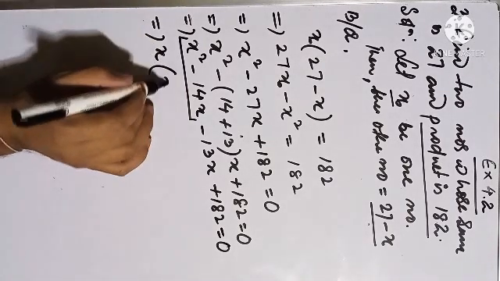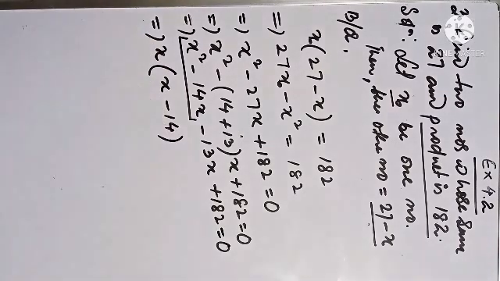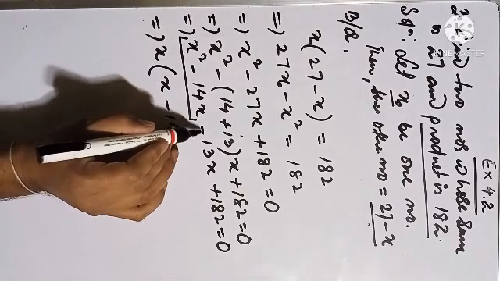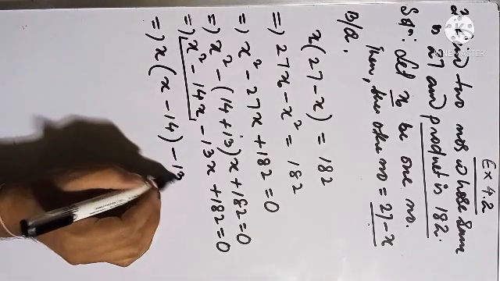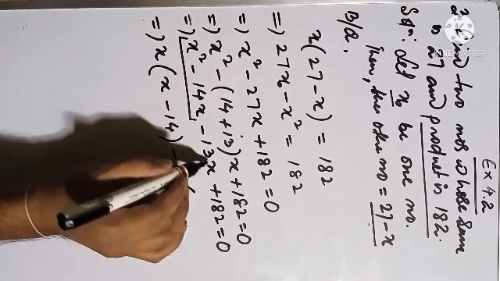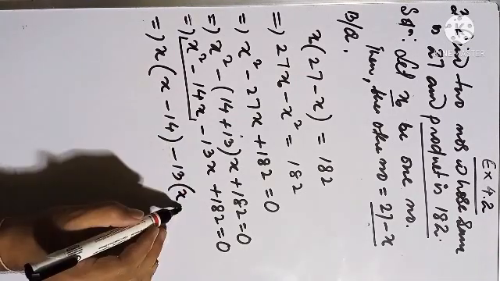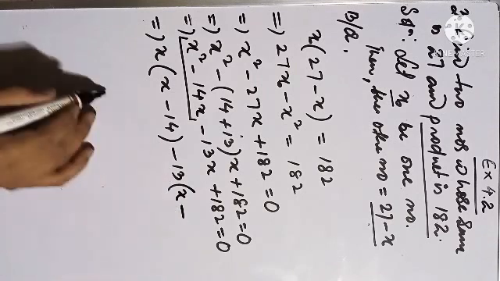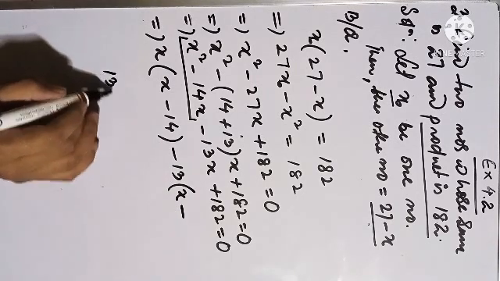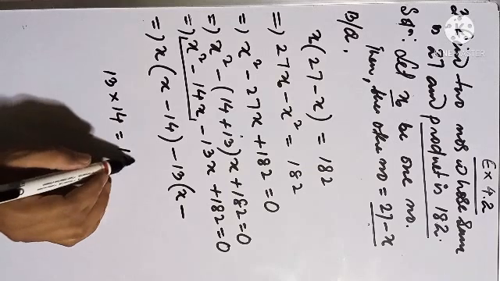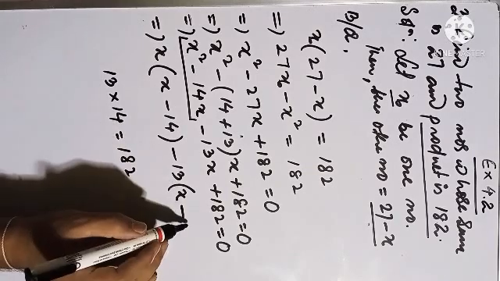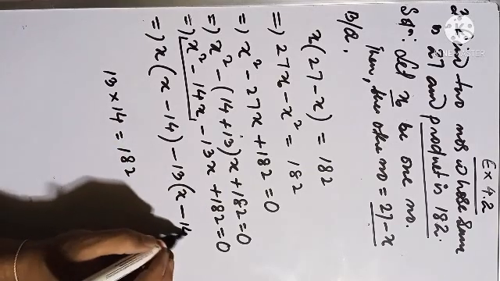So x into x minus 14. What sign is this? Minus. I'll take 13 common, so minus 13 into x minus 14: minus into minus gives plus. We have seen before, 13 into 14 gave 182. So 13 into how much gives 182? 14.